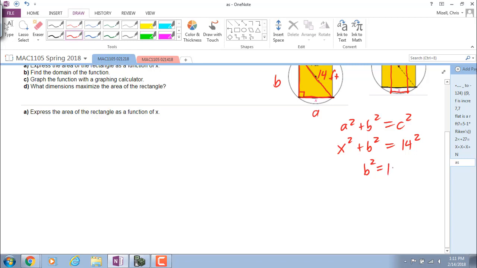Does that sound right? 196 minus x squared. So b is the square root of 196 minus x squared.